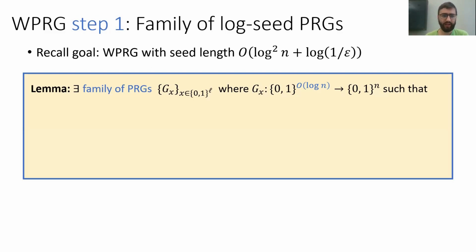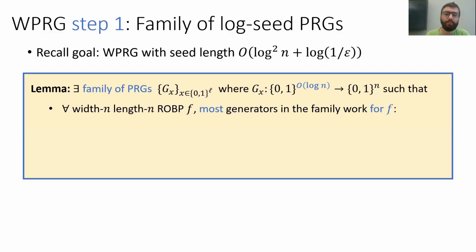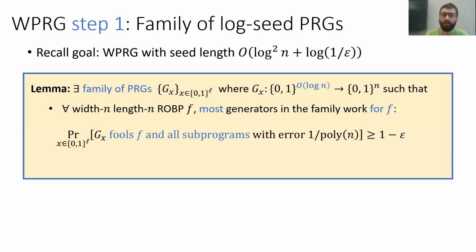Okay. Now, the caveat is that these generators only work on average in some sense. Or to be more precise, for every polynomial-size read-once branching program f, all we can say is that most generators in the family work for that particular branching program f.